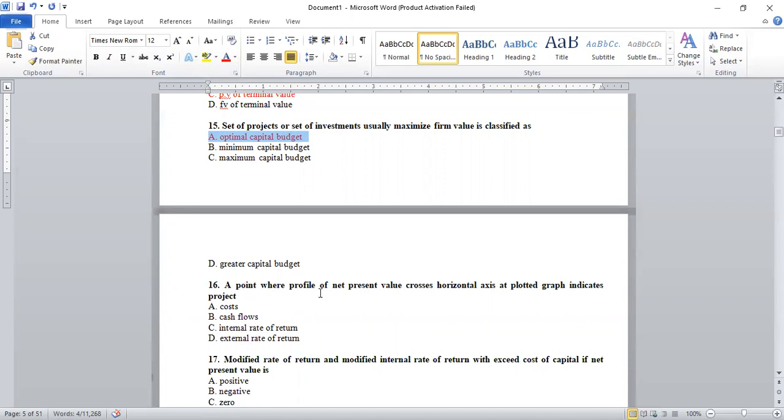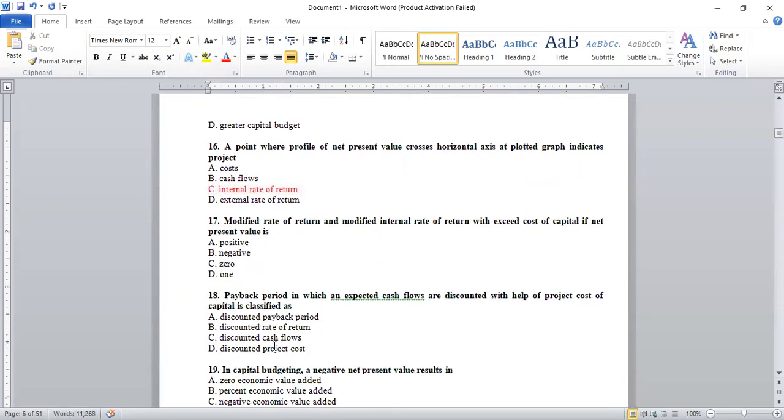A point where the net present value profile crosses the horizontal axis on the plotted graph indicates the project's internal rate of return. Question 17. Modified internal rate of return will exceed the cost of capital if net present value is positive.